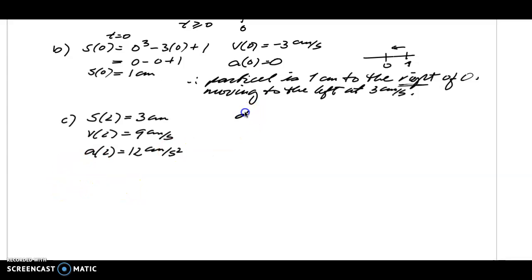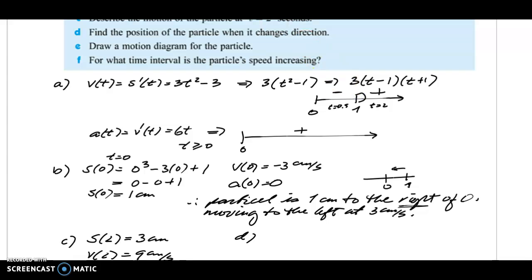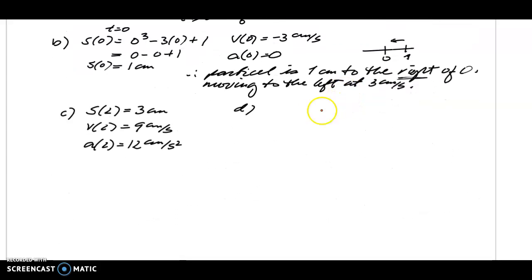So D, we'll put in the D, because I think E is where we're going to draw our motion diagram. So now D is saying find the position of the particle when it changes direction. Well, there's only one place it changes direction, and there it is. You can find the change of direction by looking at the sign diagram of the velocity, because if it changes from positive to negative or negative to positive, that's a sign change. So we know it's happening at 1.